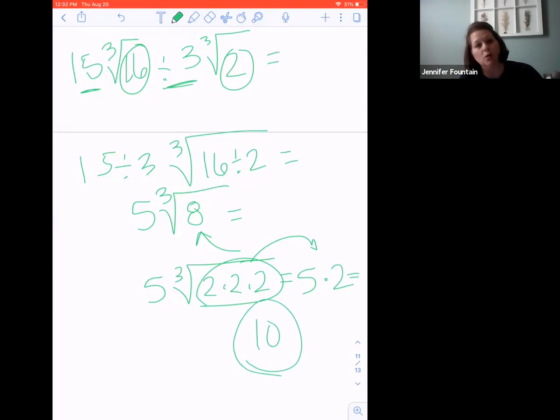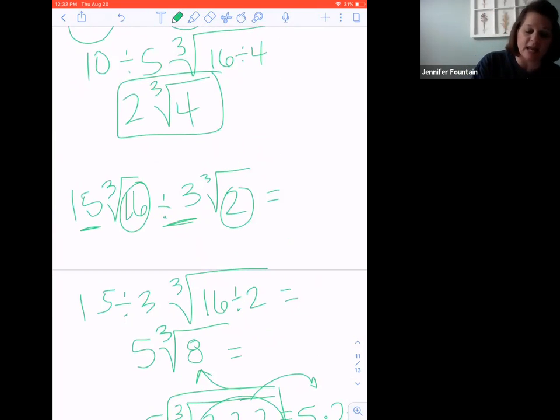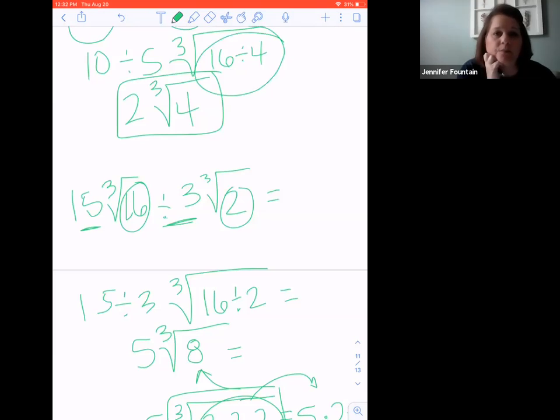So my answer is the whole number 10. Since the cubed root of 8 equals 2, I already had my 5, and I multiply them together. I'm sorry, I made that mistake. I told you you couldn't combine them, and you can. When you multiply and divide, you can put them under the same radical sign. When you add and subtract, you cannot.